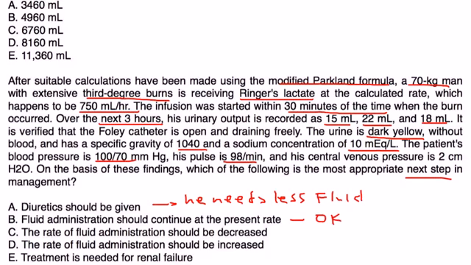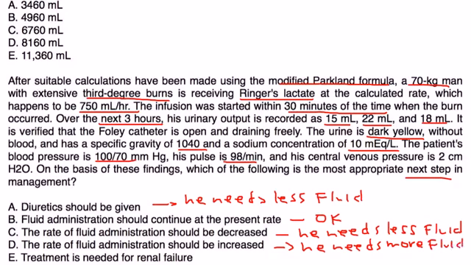The rate of fluid administration should be decreased, so that means he needs less fluid. Because if the correct answer is C, that means he's currently getting too much, so he needs less. Rate of fluid administration should be increased, that means he needs more. He needs more fluids.